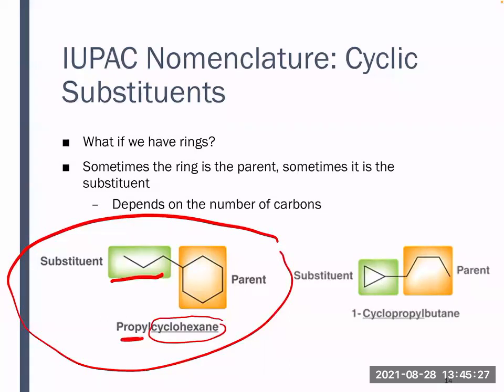It has 3 carbons. If I look at this example here, though, here the substituent is the ring and the parent is this straight chain. And that's because the chain has 4 carbons and the cyclic group only has 3. So whatever has the most number of carbons, that will be your parent. And then the other thing will be your substituent.